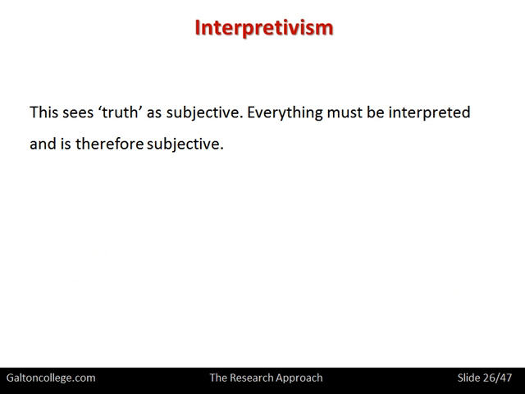Now, interpretivism sees the truth as subjective. It's trying to interpret the situation. Everything must be interpreted and therefore is subjective. So this approach is to try and interpret what is seen. So its methodology is qualitative.